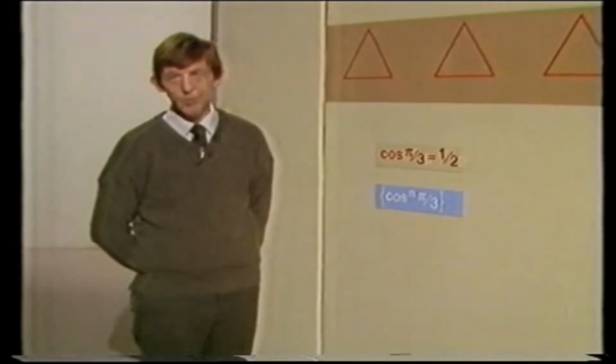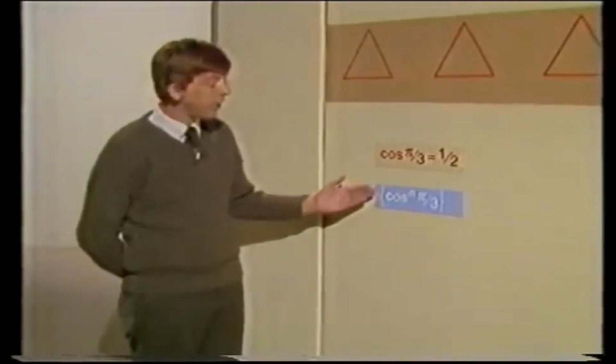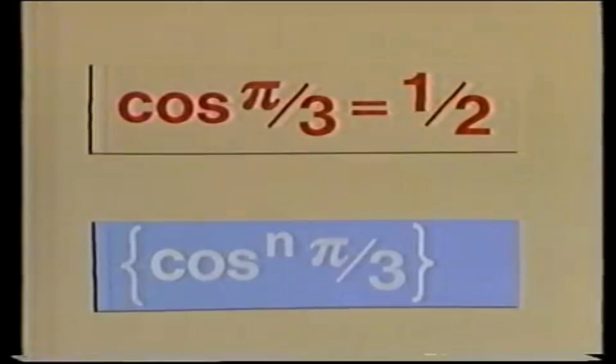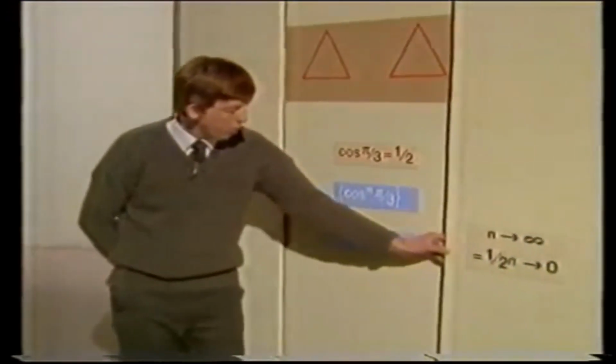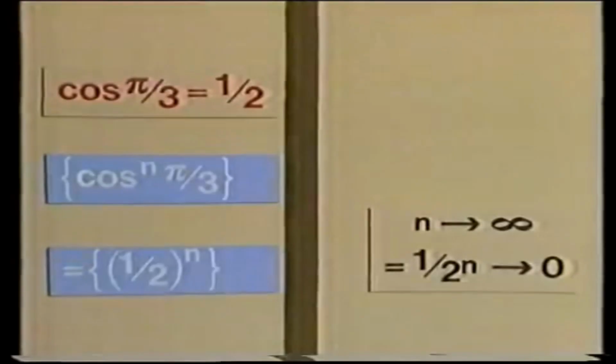To determine what happens to the sequence as n tends to infinity is very easy. Cos pi by 3 is equal to a half. So that means that the sequence is a half squared, a half cubed, and in general, a half to the n. You might recognize it better as 1 over 2 to the n. And that's one of our basic null sequences, sequences that tend to 0 as n tends to infinity.